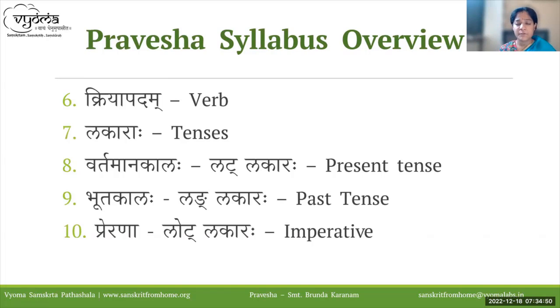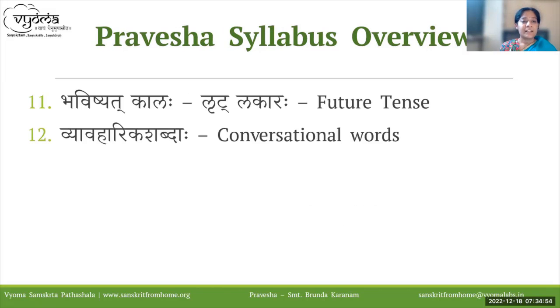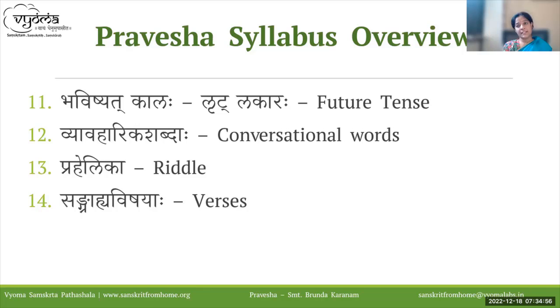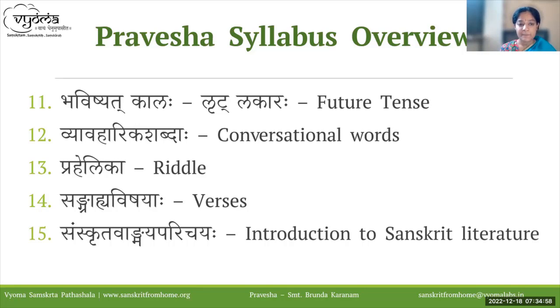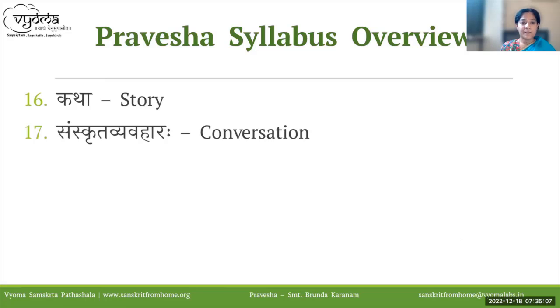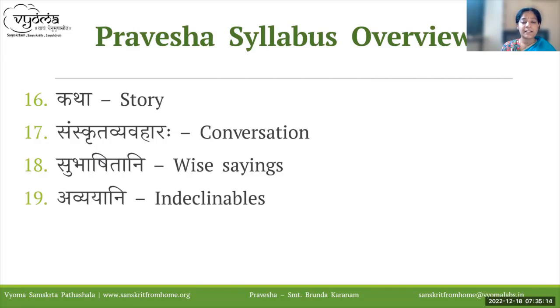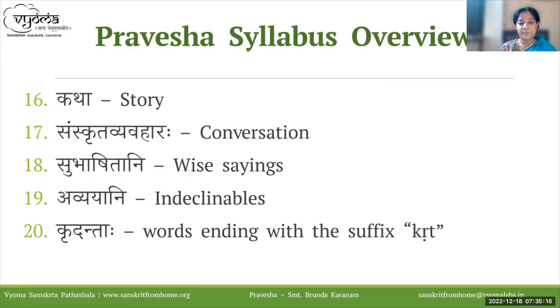You will be introduced to 4 main tenses in Pravesha. And conversational words, riddles, verses, introduction to Sanskrit literature. This is the basic overview of the Pravesha syllabus. We also have Katha, story, Samskrita Vyavaharaha, conversation, Subhashitani, Avyayani, indeclinables, and Kridantaha, words ending with the suffix Krit.